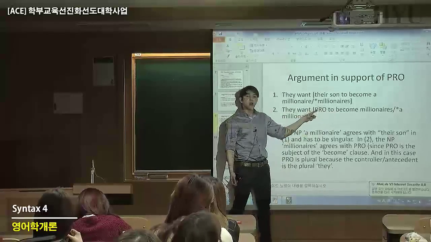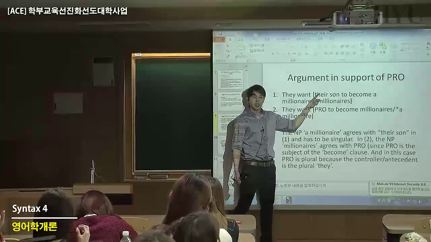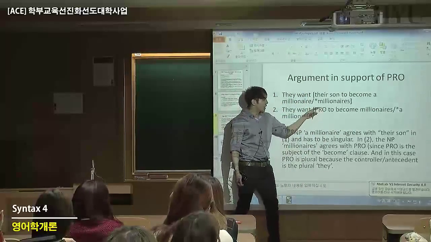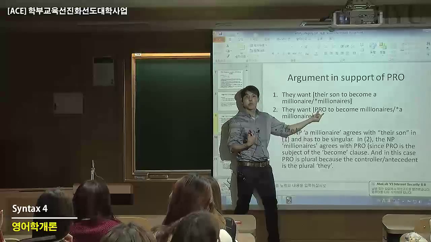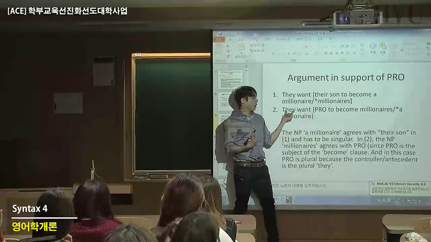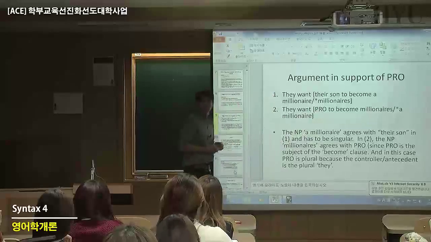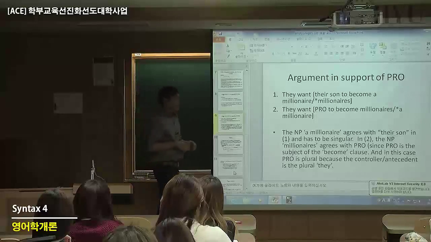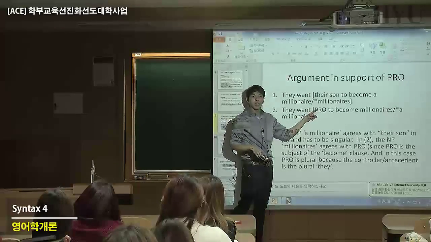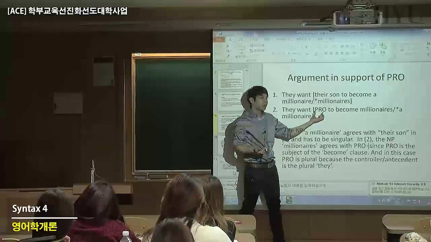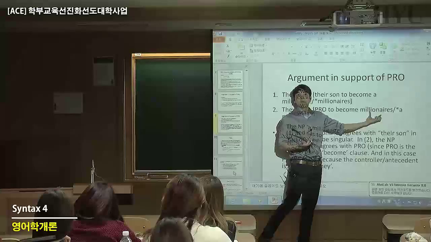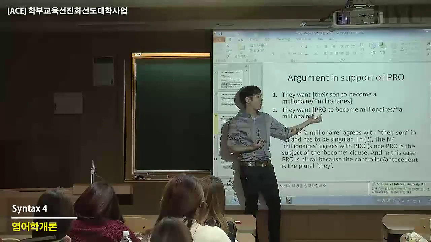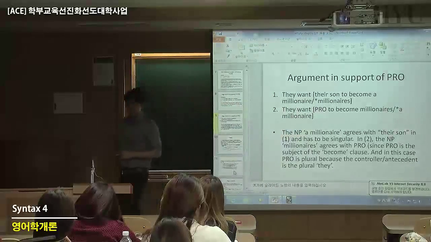In this case, you don't have a noun here, but it has to be the plural version. Why? Because there must be a pro here, and that pro must be plural in number, which agrees with the word they, because it's they that want to become millionaires. So these are arguments in support of the empty thing that we call pro. If there was no pro, then why must this be plural? It must agree in number with this pro and with the word they.